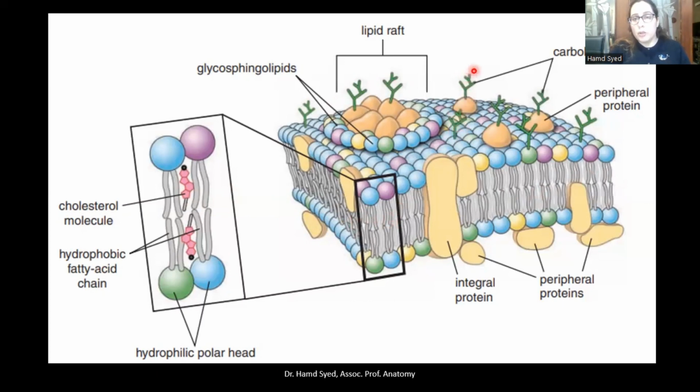Also, these green branches sticking out on the external aspect of plasma membrane are representing the sugar moieties, that is the carbohydrate chains, which form the glycocalyx. Then here are the embedded proteins, which are integral or transmembrane proteins, and attached to them on the outer aspect or the inner aspect of the plasma membrane, but not directly embedded within plasma membrane, are these peripheral proteins.